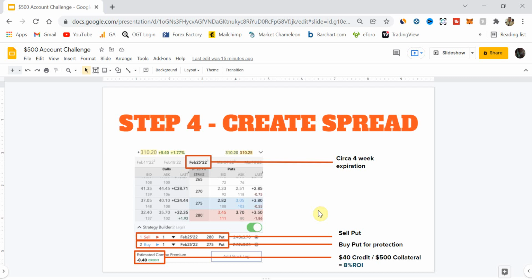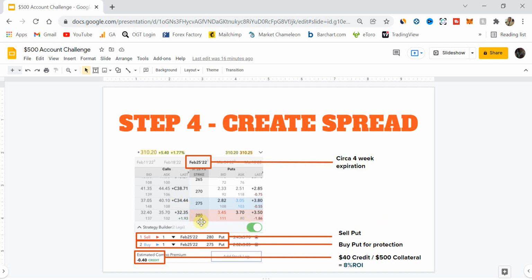So what we need to do is buy a put, where I'm willing to buy 100 shares of the underlying one strike below the 280. So that would be the 275, and that basically is you buying the put for protection.